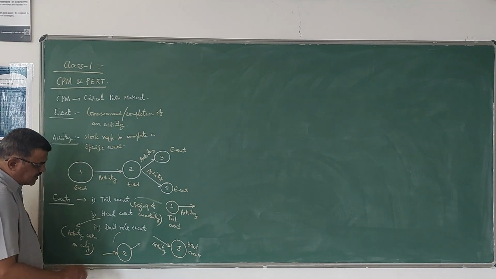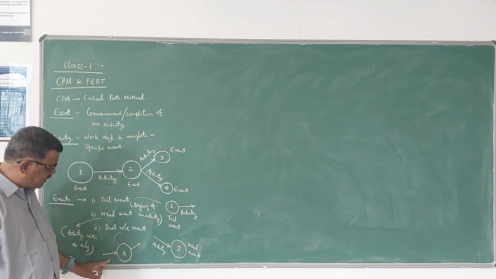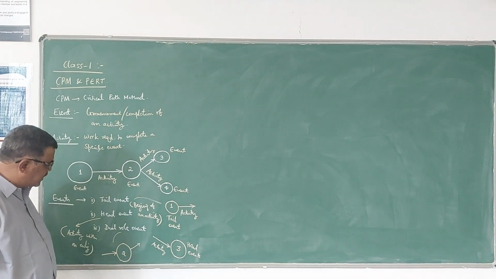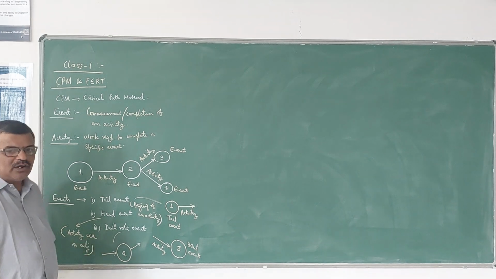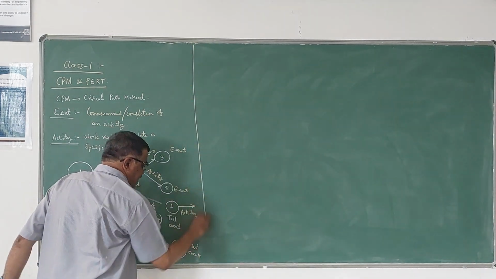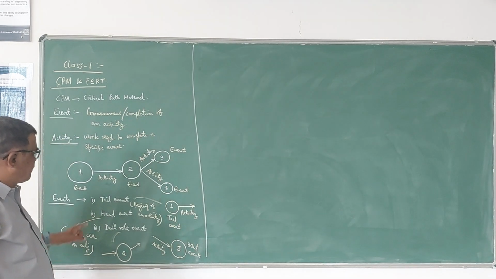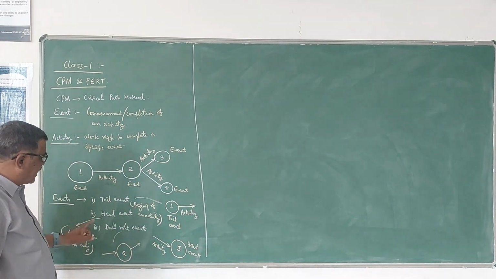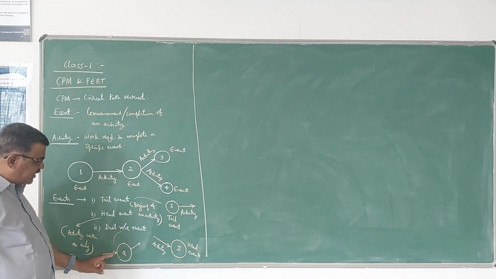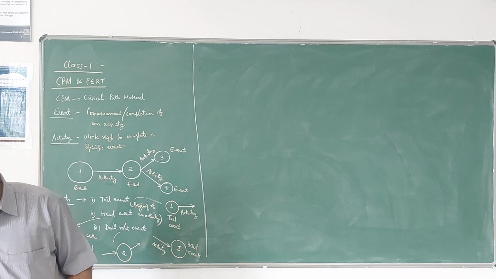So it is performing two roles here: as a tail event and as a head event. Then it is called a dual role event. So these are the three types of events you can have: tail event, which represents the beginning of an activity; head event, an activity with an ending; and dual role event, which serves as both head and tail events.